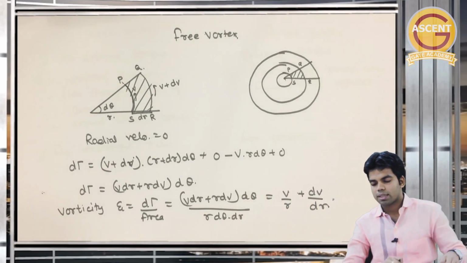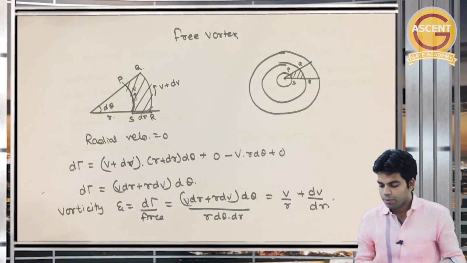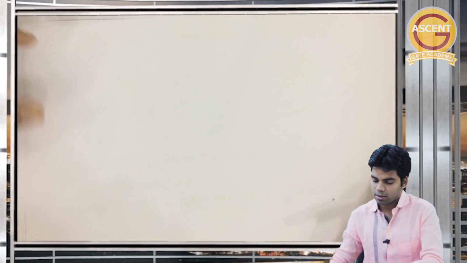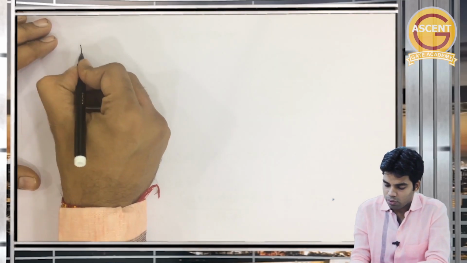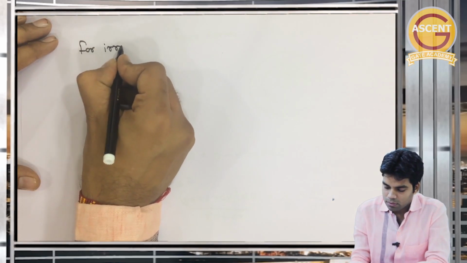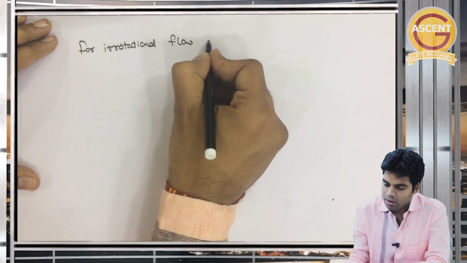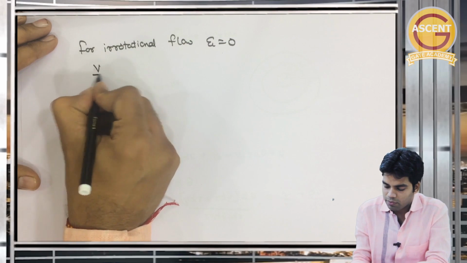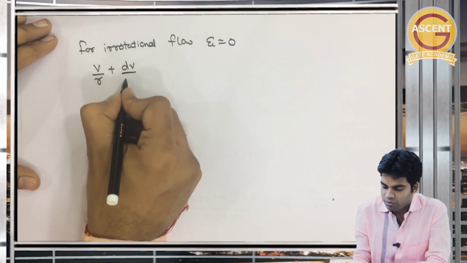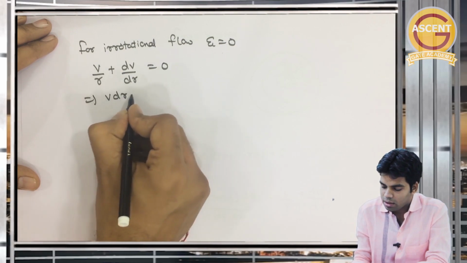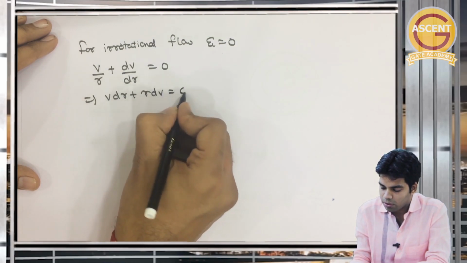Now this free vortex, as I told you, is for irrotational flow, and for irrotational flow this vorticity should be equal to 0. That means zeta is equal to 0. That means V by r plus dV by dr should be equal to 0, or you can say V dr plus r dV should be equal to 0.